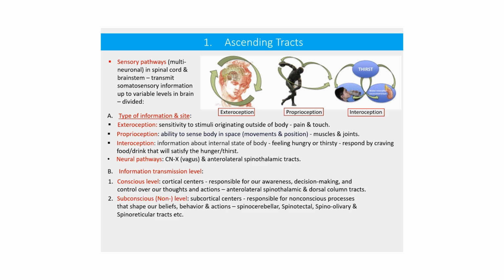Second variety of transmission level is subconscious or non-conscious level information. In this type, information is carried up to subcortical centers, which are present below the cortex in the cerebrum and the brainstem.